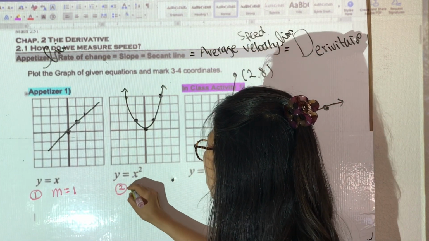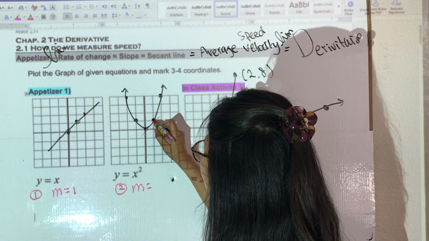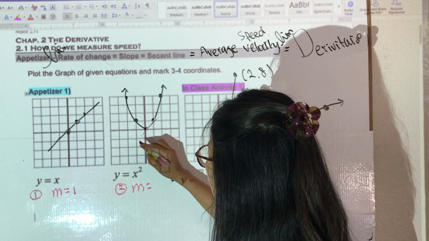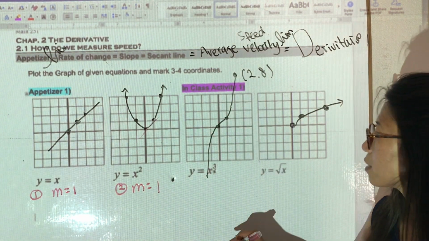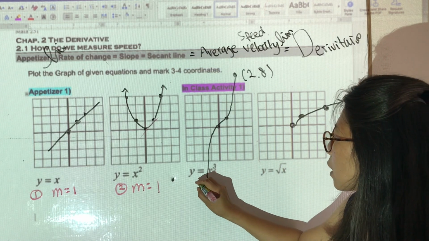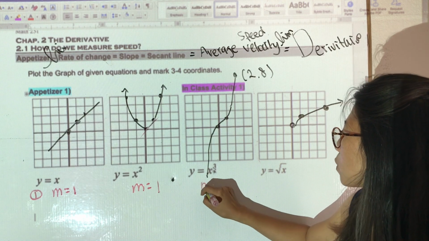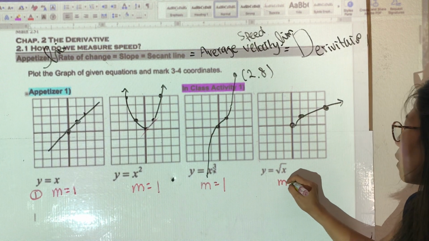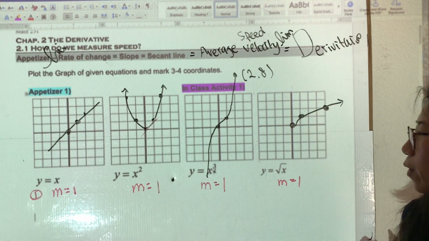How about the second one? Also 0 and 1, my slope is 1. I'm talking about these 2 points, so that's going to be 1. Then I want you to try the next 2 as in-class activities. Look at the next if you can find it. This one is also, as you see, 1. That one, I don't need to wait for you, right? You see, slope is 1.